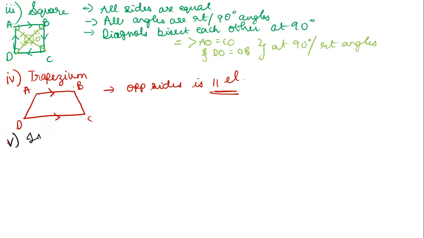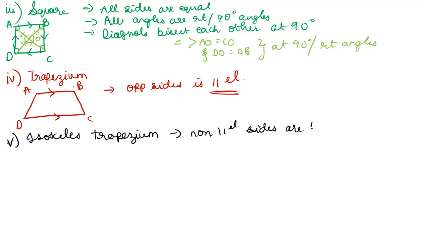Isosceles trapezium. Meaning if this is your trapezium, the non-parallel sides, which are AD and BC, if these are equal to each other, it will become an isosceles trapezium.